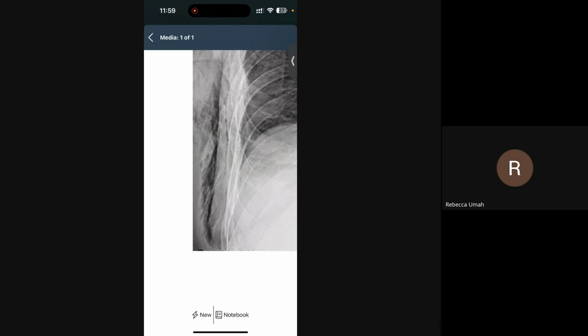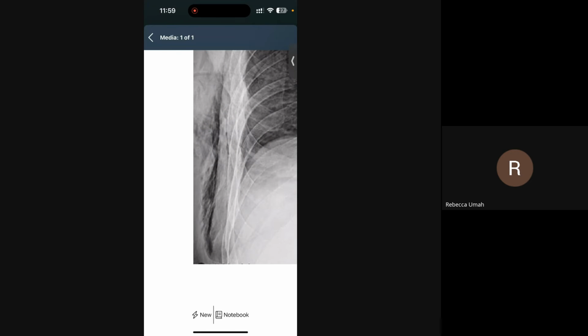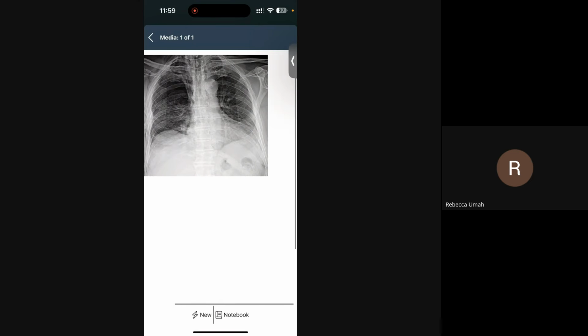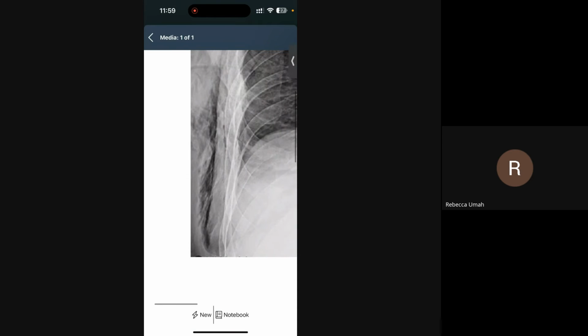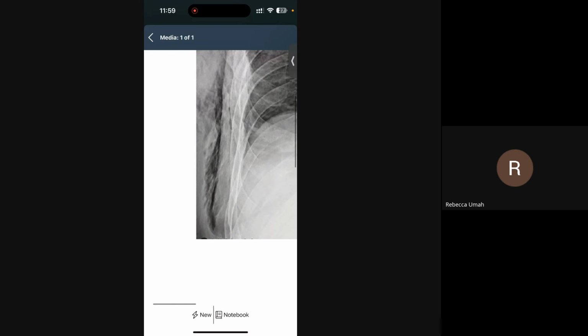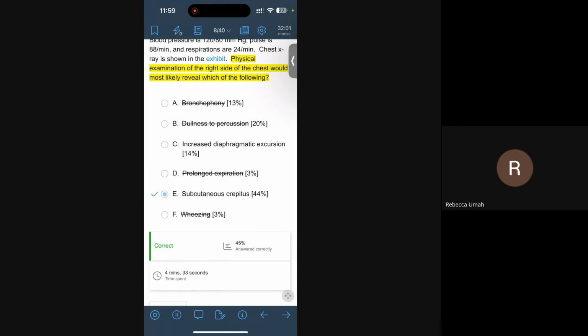The air has leaked into the subcutaneous tissue, and we can see it as a blackish area just under the skin. That is subcutaneous emphysema, and that's why the answer to this question is subcutaneous crepitus.